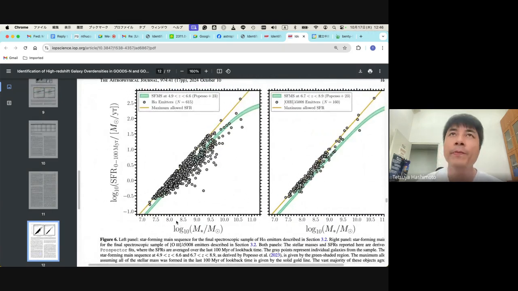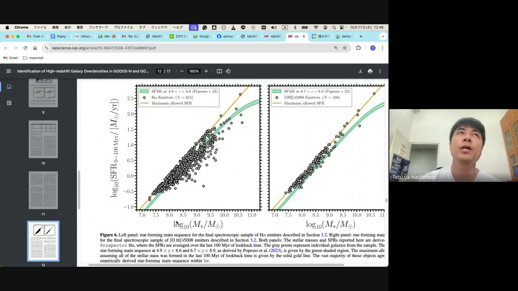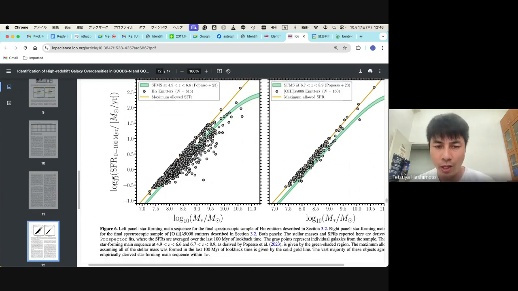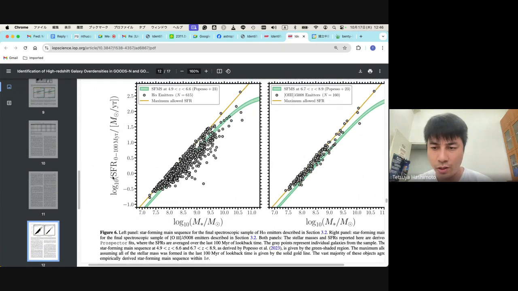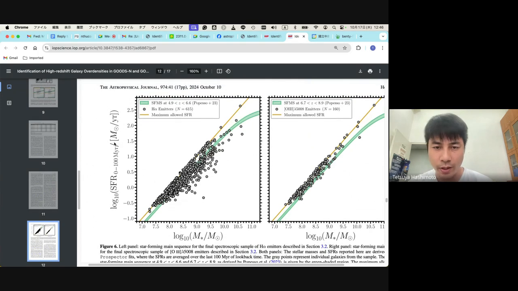They have photometric data and spectroscopic data for individual galaxies. Therefore, they are able to estimate both the stellar mass and star formation rate of individual galaxies. So I think they are showing these measurements for individual galaxies, which are shown by gray dots here.